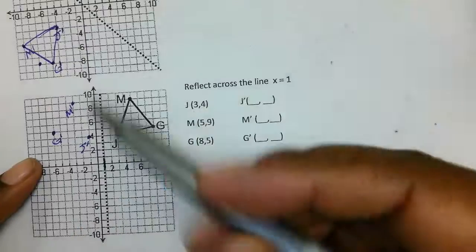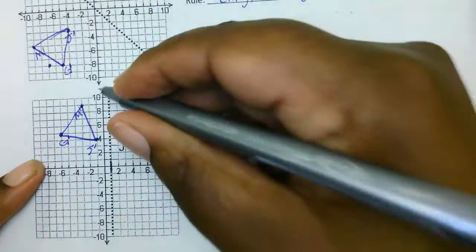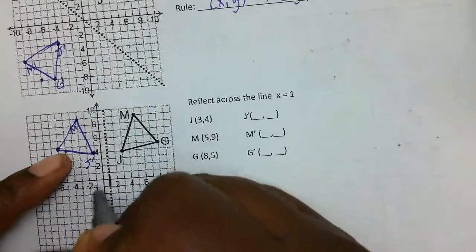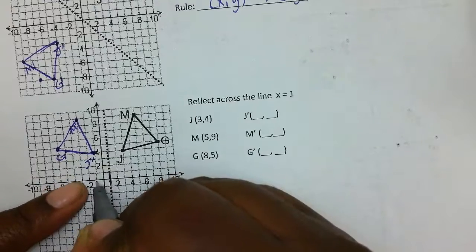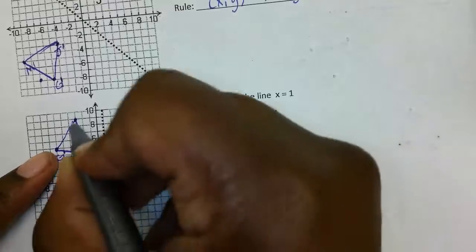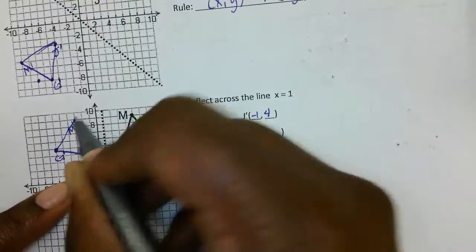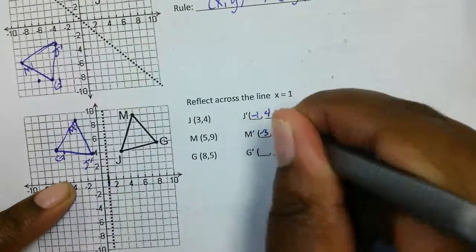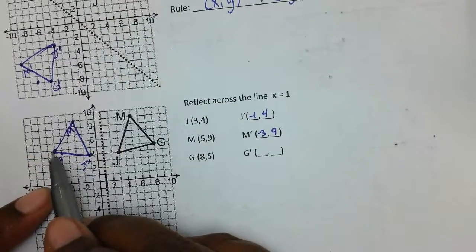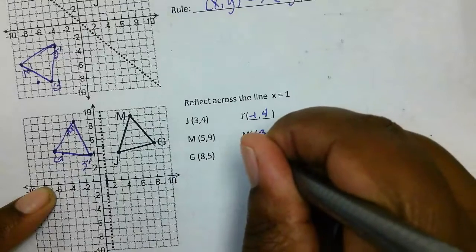I'm not worried about the axis anymore because that's not what I'm reflecting over. I need to use the line that they told me. If I were to fold across that line, that's where my points land. J is right here at -1, 4. M is at -3, 9. And then G is at -6, 5.